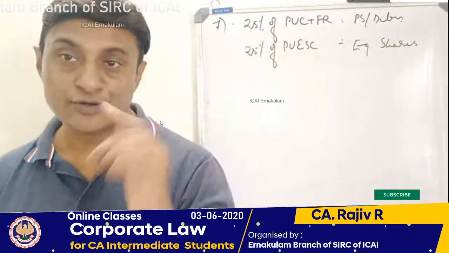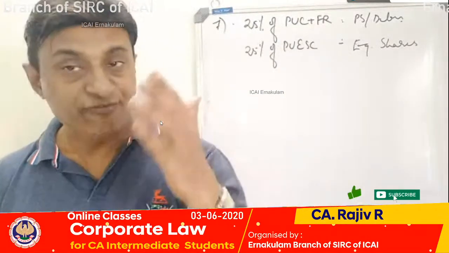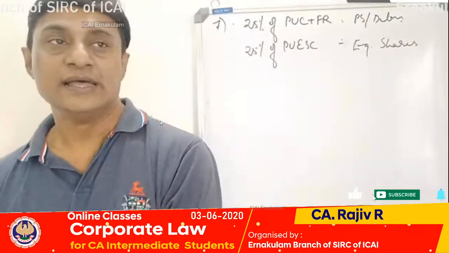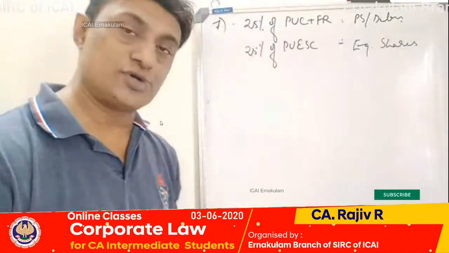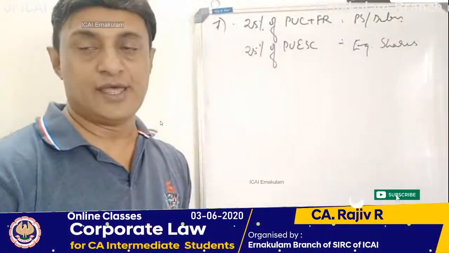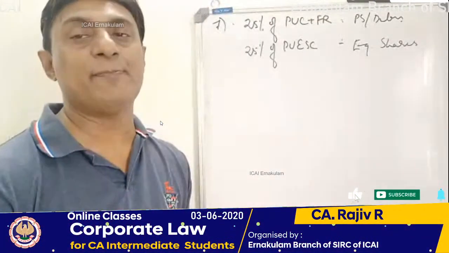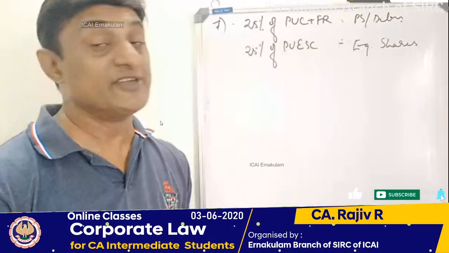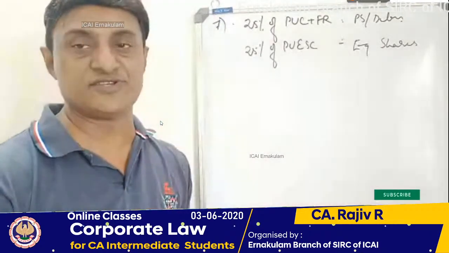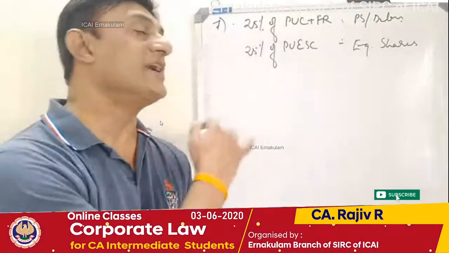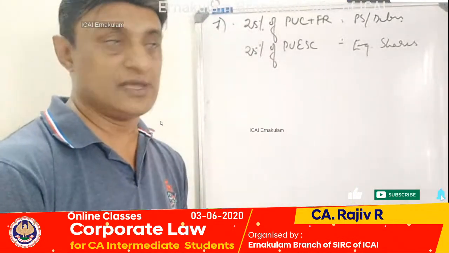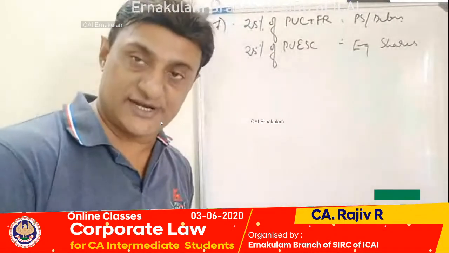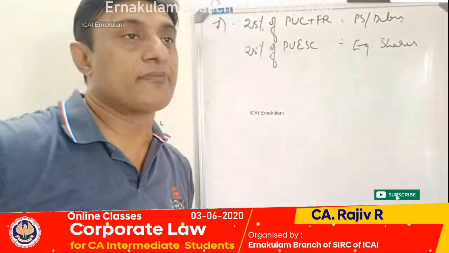Now I'm going to add to the complication here. The buyback quantum, the volume, should not be more than 25% of the paid up capital and free reserves with respect to debentures or preference shares, and it should not exceed 25% of the paid up equity share capital if you are buying back equity shares at a particular time.